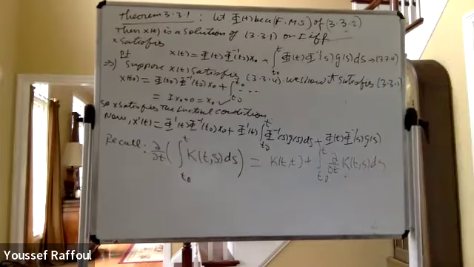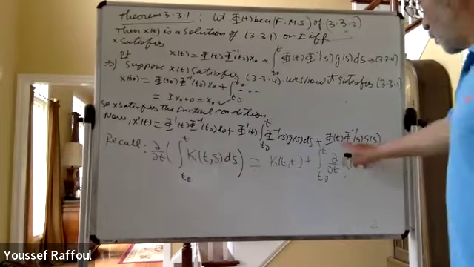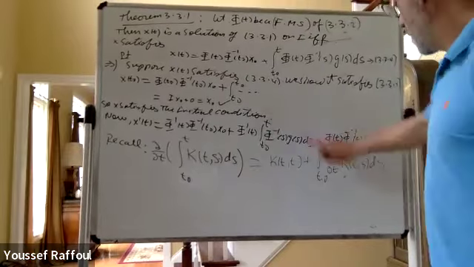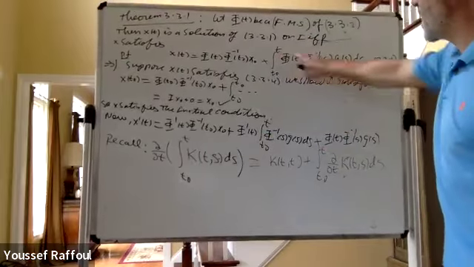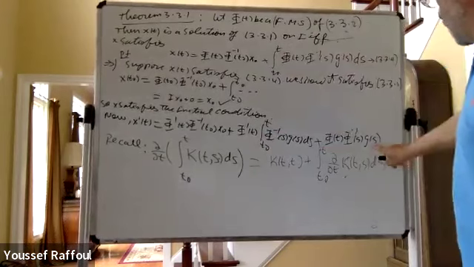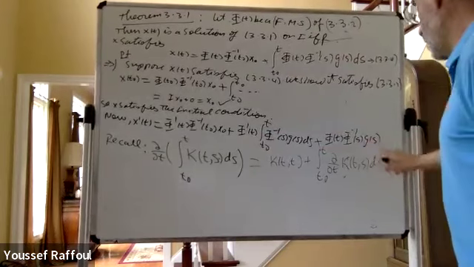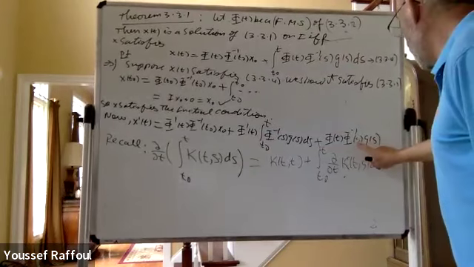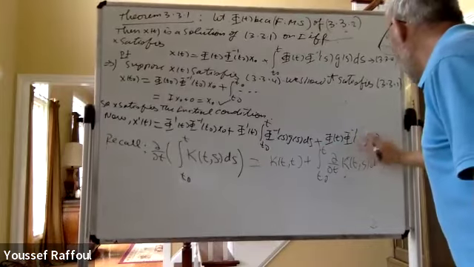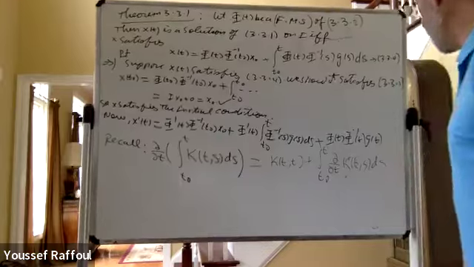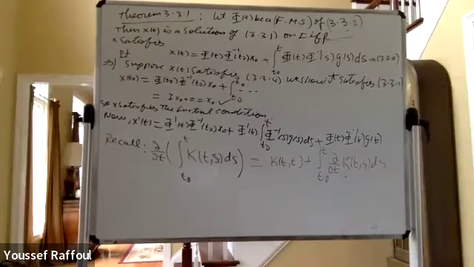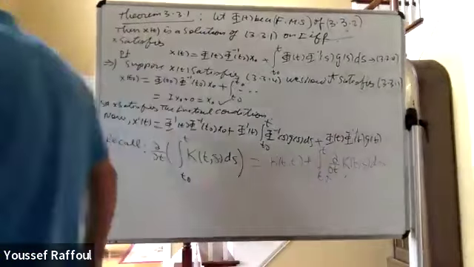This is called the Leibniz rule. So this term here comes from replacing s with t. Oh, this is t, sorry. So this is called the Leibniz rule for differentiating an integral.